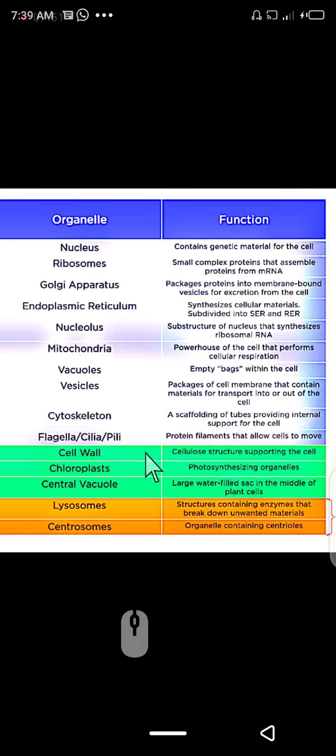Okay, so when we look at this, the eukaryotic cell is any organism whose cell has a nuclear membrane that surrounds the nucleus, in which the chromosomes, which are bodies containing genetic material, are located.